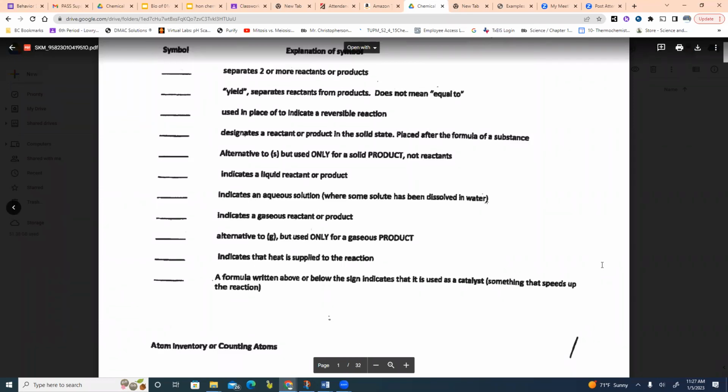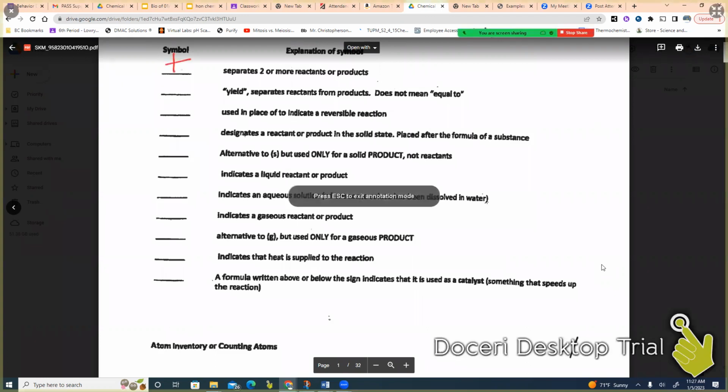So a plus sign is just going to separate your two reactants or your two or more products. Arrow means yield. It doesn't mean equal to. If you have an equation that is reversible, then you're going to have a double-headed arrow.